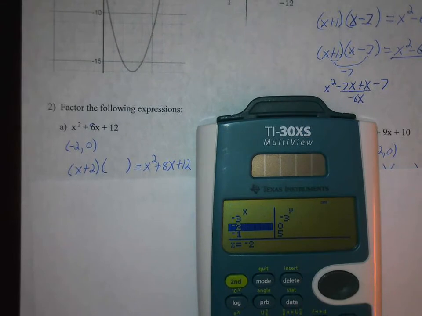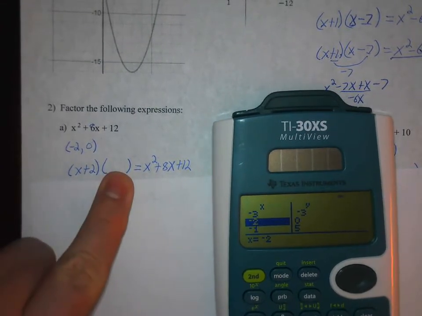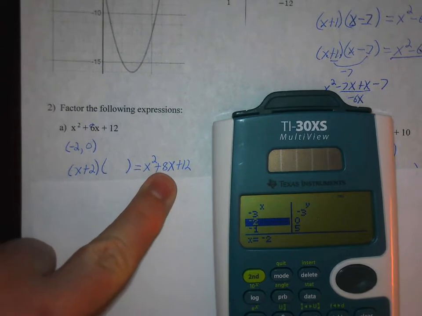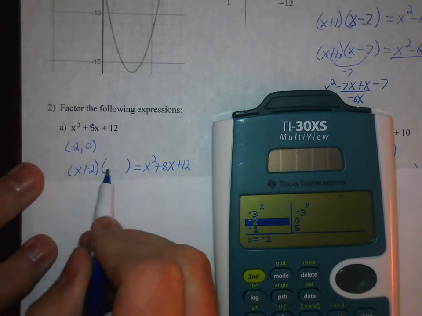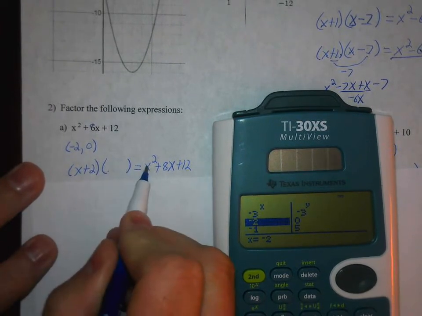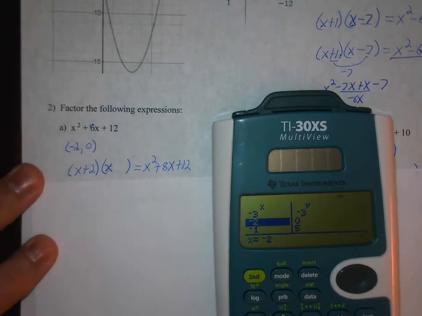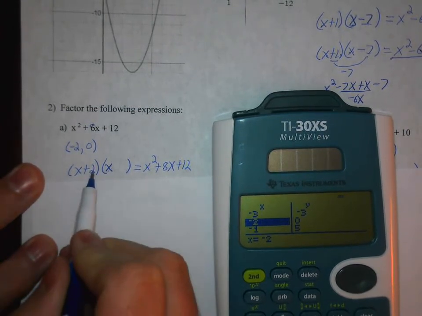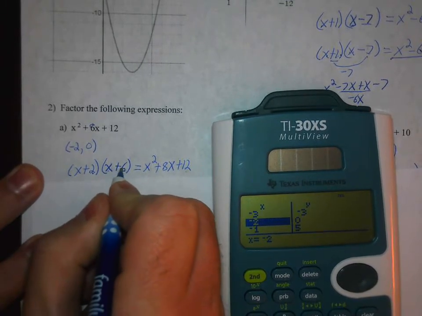It means x plus 2 times some other polynomial must equal x squared plus 8x plus 12. So x times what gives you x squared? X times x gives you x squared. And then 2 times what gives you the last term, positive 6?